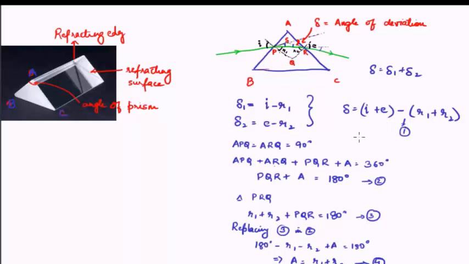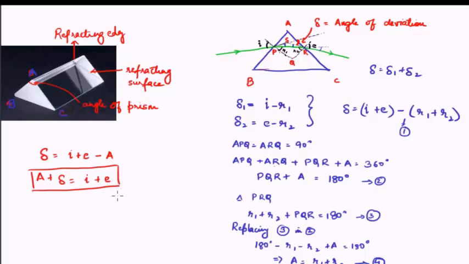When we replace equation 4 in equation 1, what we get ultimately is this very simple looking equation: delta is I plus E minus A. If we take it over there, we get the angle of prism plus the angle of deviation is the angle of incidence plus the angle of emergence.